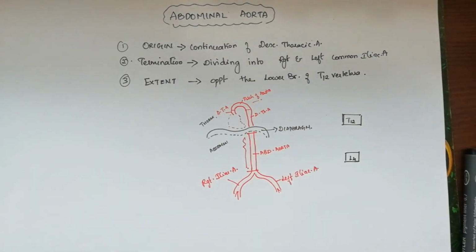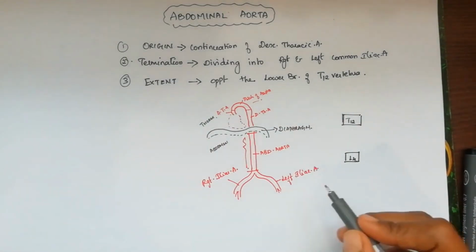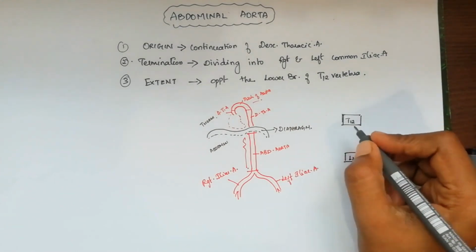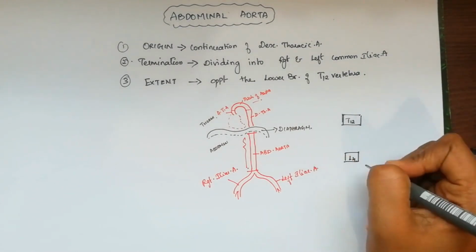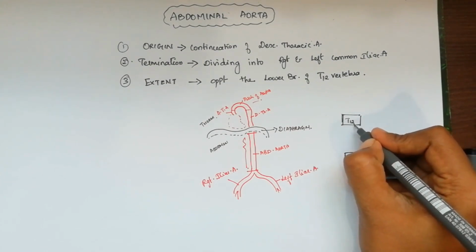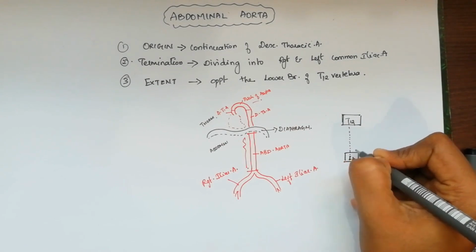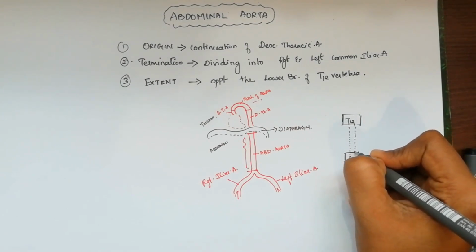So the extent of the abdominal aorta, continuing from the descending thoracic aorta, starts from the lower border of the T12 thoracic vertebra. From here its extent starts, and it extends till the body of the L4 lumbar vertebra. T12 is the last thoracic vertebra, and the remaining vertebrae where all this is related are L1, L2 and L3. So the abdominal aorta extends from the lower border of T12 to opposite the body of L4.